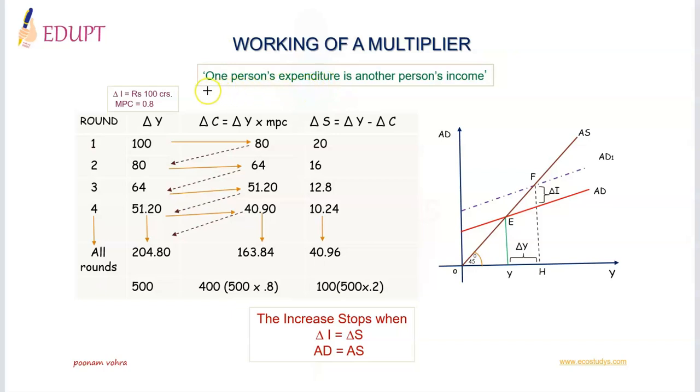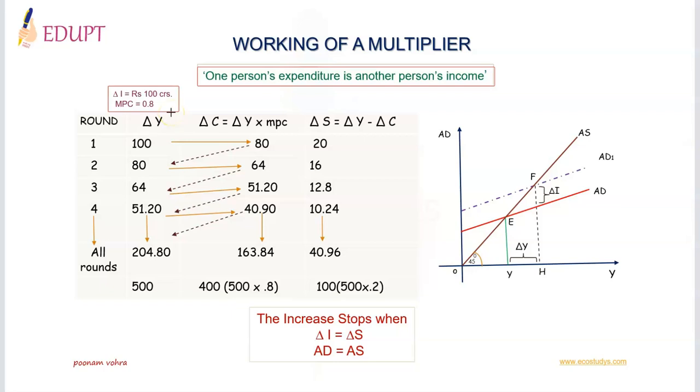It is based on the fact that one person's expenditure is another person's income. That is, when additional investment is made, then income increases many times more than the increase in investment. Let's understand this with the help of an example. Suppose change in investment is 100 crores and marginal propensity to consume is 0.8.